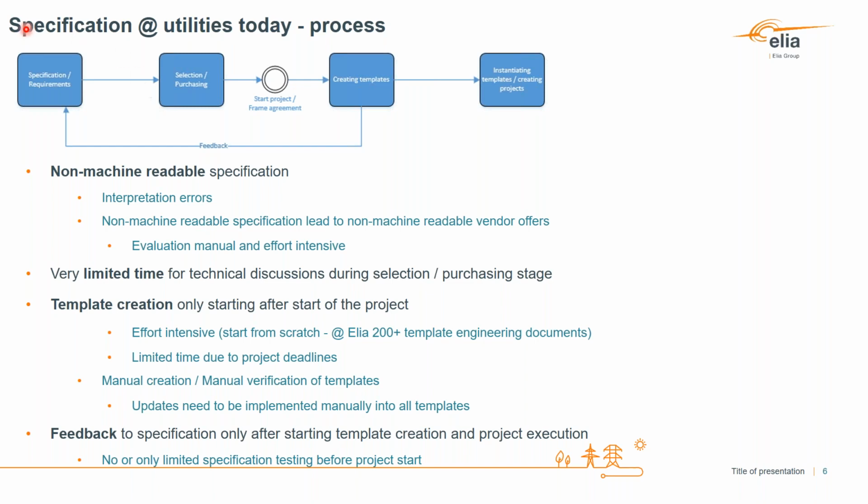It is by, in a first stage, creating specifications and requirements, which are mostly non-machine readable elements, just raw text, non-intelligent drawings, etc. With that, they go to the manufacturers and they have a selection and purchasing stage where they get an offer from the manufacturers and negotiate with them.